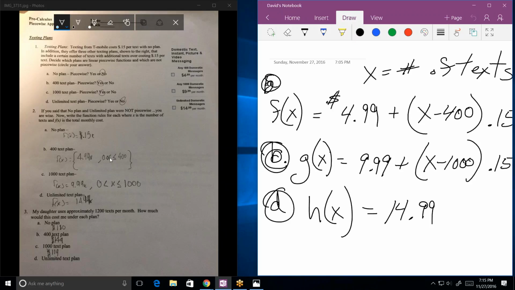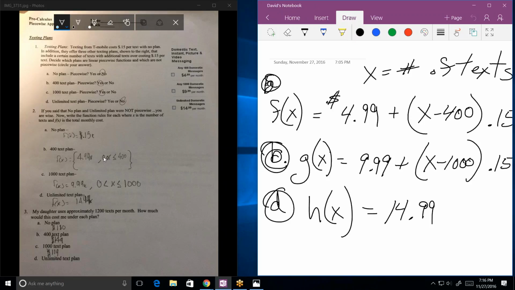You don't automatically go to the function in part C. So you can't really say that. In other words, you can't say for part B, the answer is for part B, it's 499 plus 0.15x, and x is not restricted.